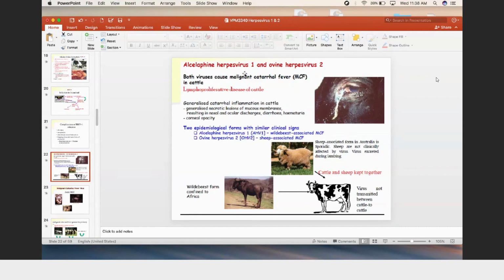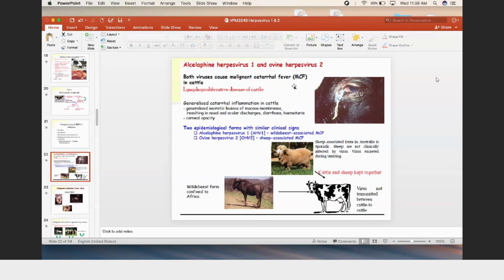You can also see this one, alcelaphine herpes virus. This one is actually in a different species. We don't really study this here. Another one is ovine herpes virus 2 in sheep. Alcelaphine herpes virus is actually in wildebeest, and we don't have it here in Malaysia.